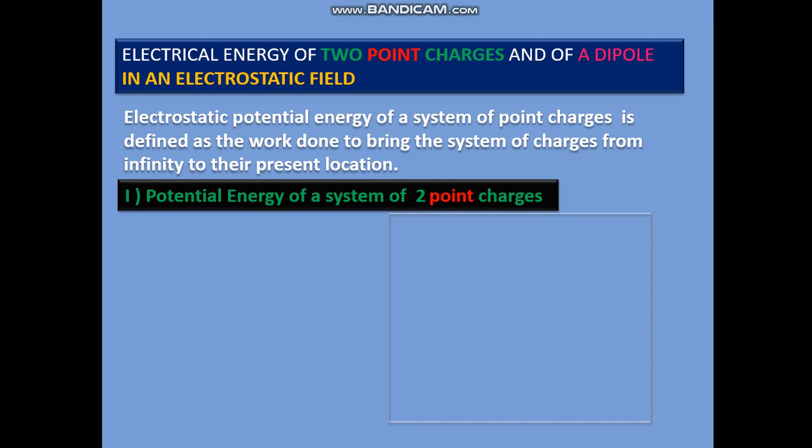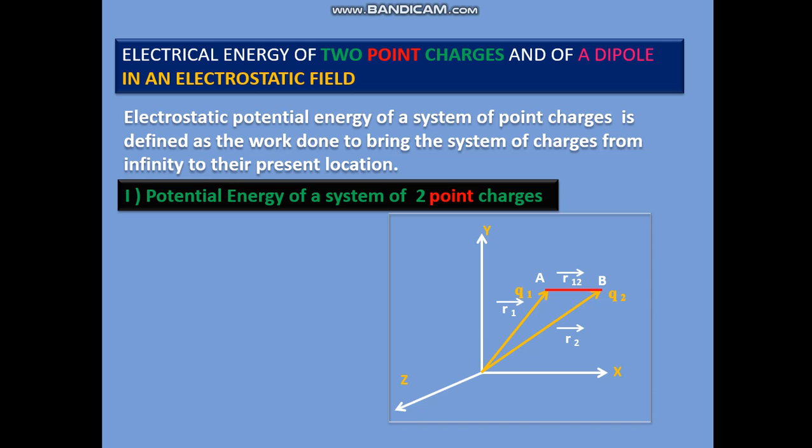So at first, we are going to see the potential energy of a system of 2-point charges. Let us consider the quadrant, with the x, y and z axes, and the charge q1 at a distance r1. Now let us bring another charge q2 from infinity, at position vector r2, and the distance from q1 to q2 is AB, which is r12.